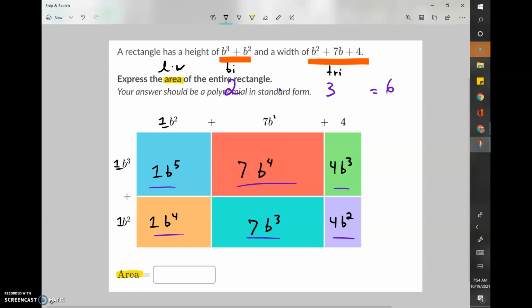We just need to add them together. So we add this to this, to this, to this, to this, and we've got our area. So I'm just going to identify if I can combine any like terms right here. Do I have any other b to the 5th powers? Nope. Okay, cool. I've got a b to the 4th power right here, and I've got a b to the 4th power right here.